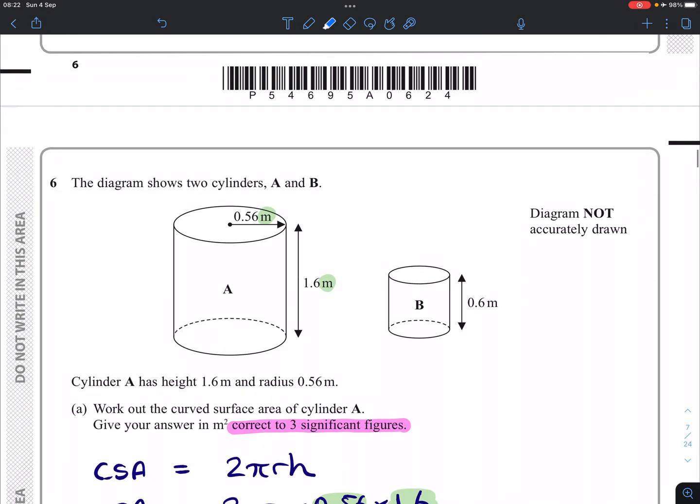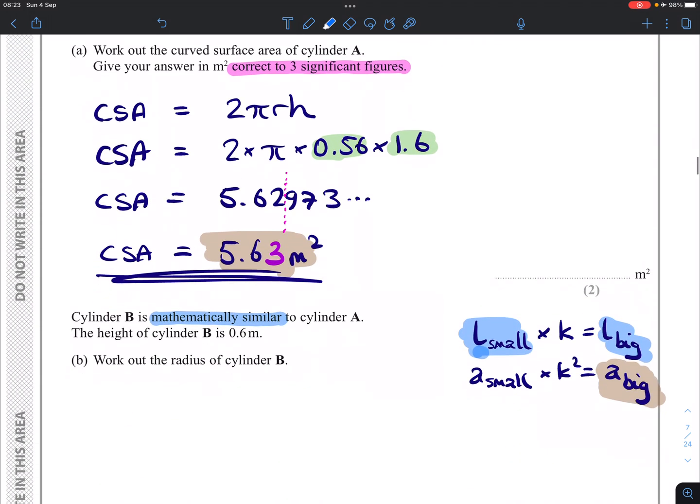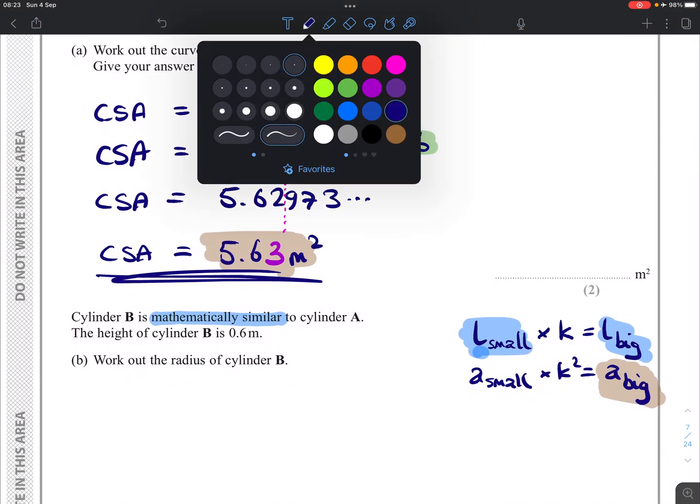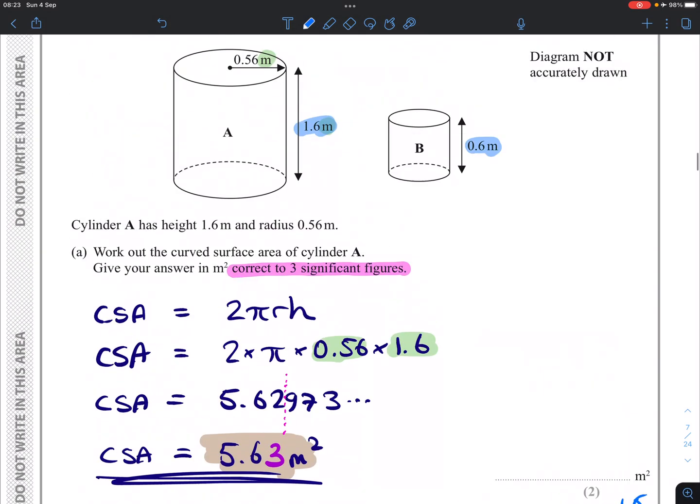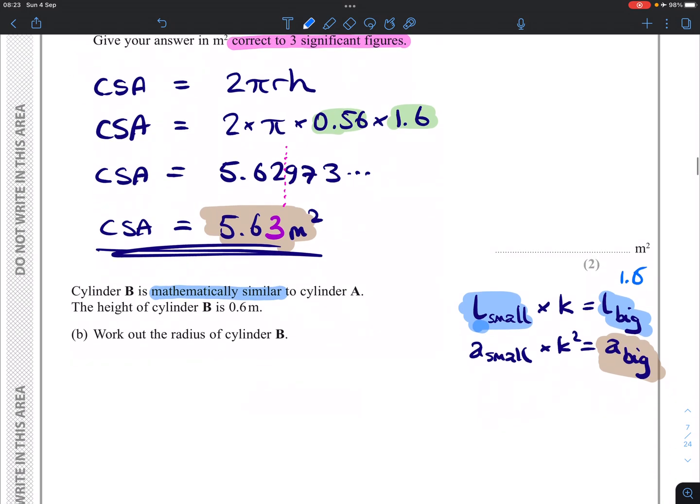So if we look back at our diagram, we have the heights of both of those cylinders. So those lengths correspond to one another. Actually, I'll keep them blue. So that means that 1.6 and 0.6 are going to be the length that we're using for the big. Was that 1.6? Yep. And 0.6 is going to be the length that we use for the small.